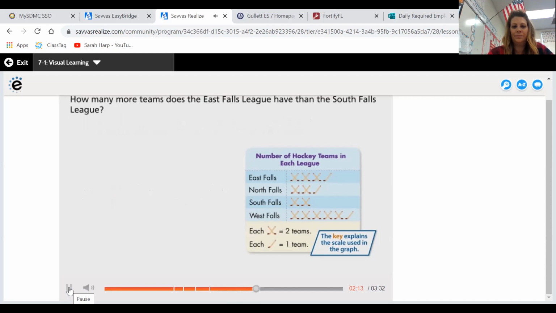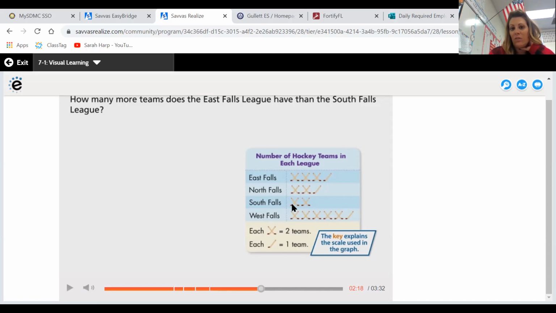How many more teams does the East Falls League have than the South Falls League? All right, so if we looked at the East Falls and we know we can count by twos and ones, right? 2, 4, 6, and then one more would be 7, right?